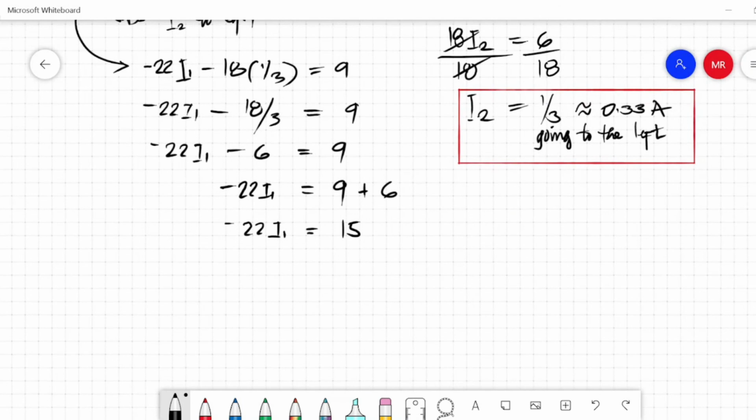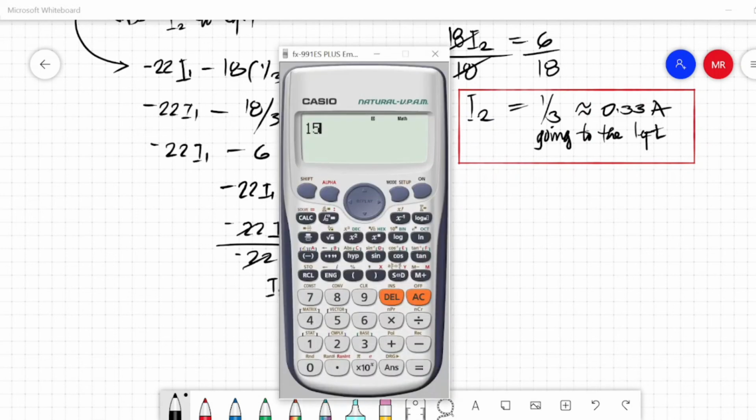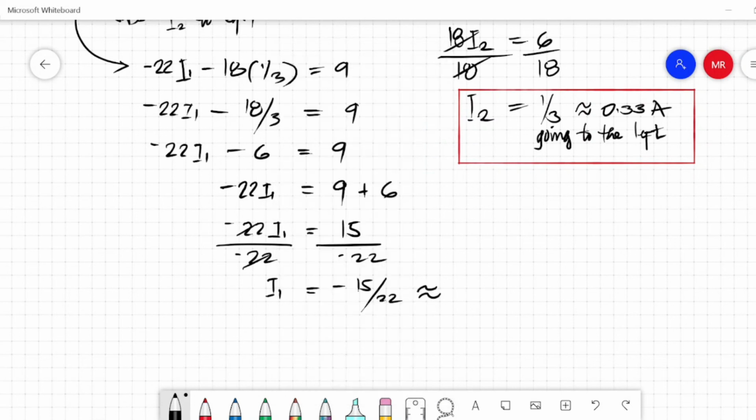Then we divide both sides by negative 22. I1 would be equal to negative 15 over 22, or approximately 0.68 amperes.